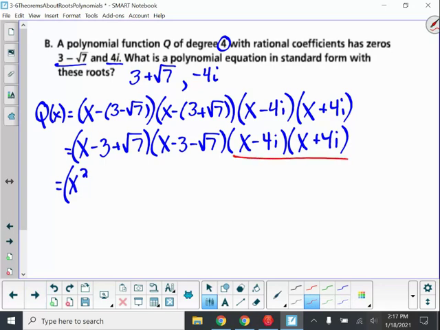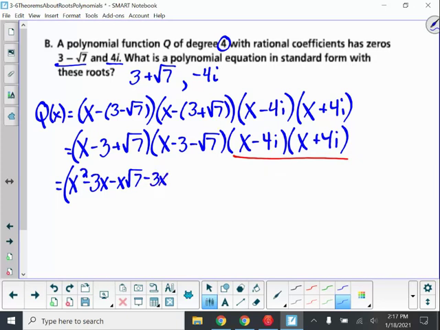Because I'm actually going to multiply these last two together, and this one should stick out. This one's a little bit easier to go through and multiply, and you'll see what I mean whenever we get there. So I have x squared minus x square root of 7. I'm sorry, I skipped a 3 there. Again, 3 terms times 3 terms should give me 9 terms. It's one way you can check and make sure you did not make a mistake.